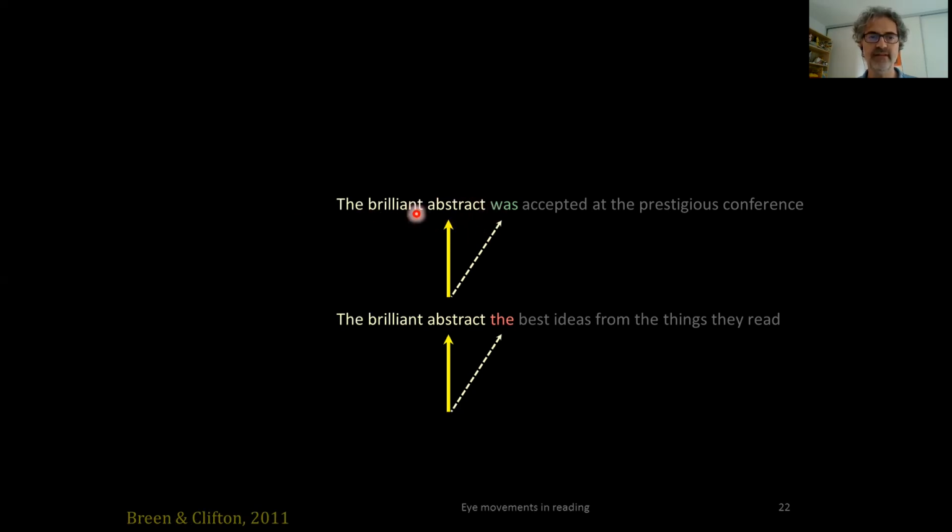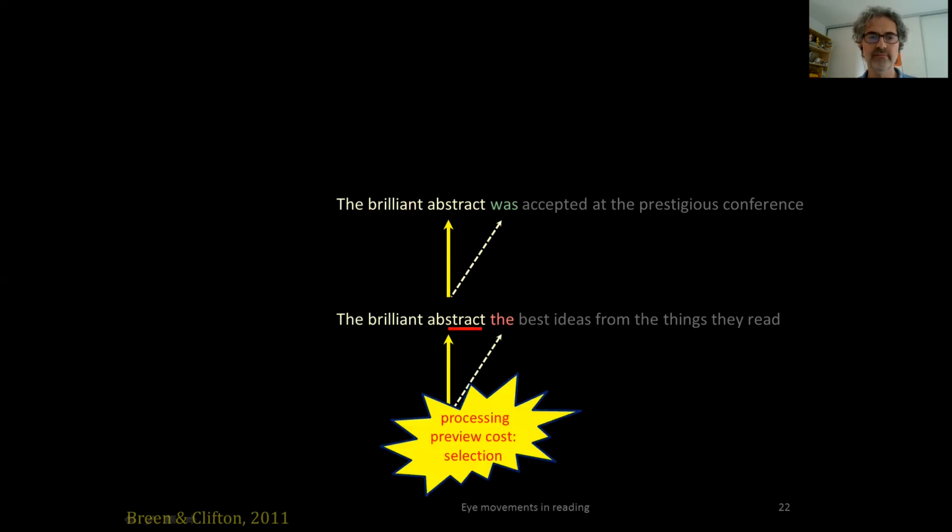So this orthographic form for a skilled reader is linked to two phonological forms. And sometimes you have the time to resolve it based on the preview. So there is a processing cost, a smaller processing cost, but it can come earlier, indicating selection problems. This is all something that normally happens in the course of reading a sentence. We rarely notice some things, but they're measurable with eye movements. And this tells us what the mind is doing while we're reading a sentence.